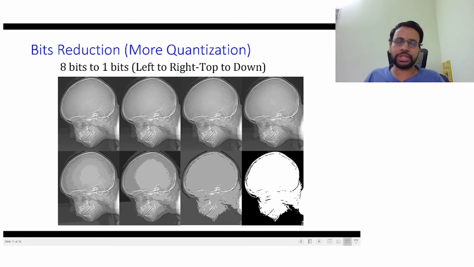In computer vision, for 2D images you would be using 8 bits to store the values. So what would be the range of values that you could get there? It would be from 0 to 2 power 8 minus 1, so you would get values from 0 to 255.